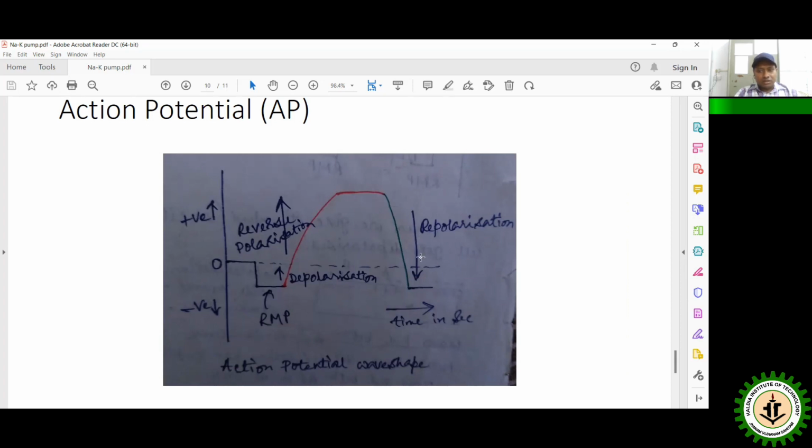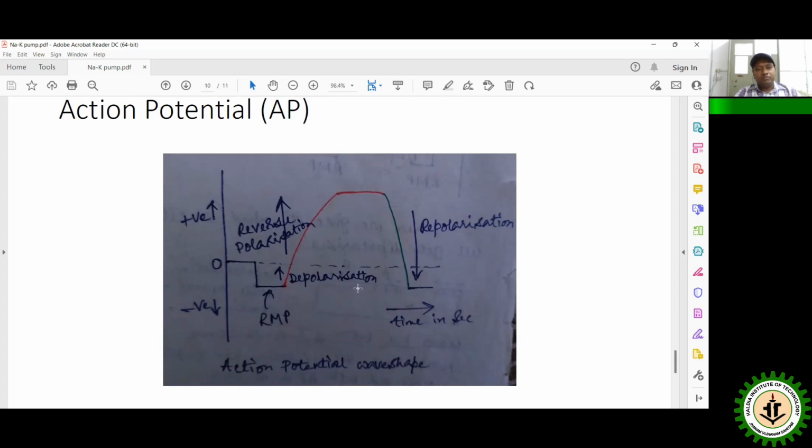This is the repolarization. From the positive value the cell will try to get back to its natural RMP condition. This stage we call repolarization, polarized again. So this action potential wave shape has reversible conditions.